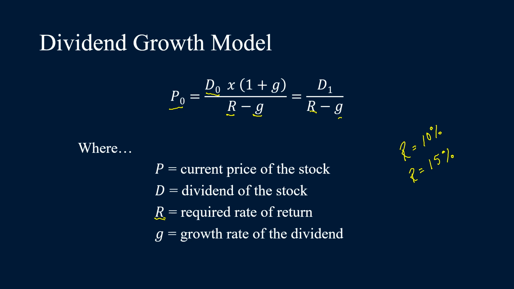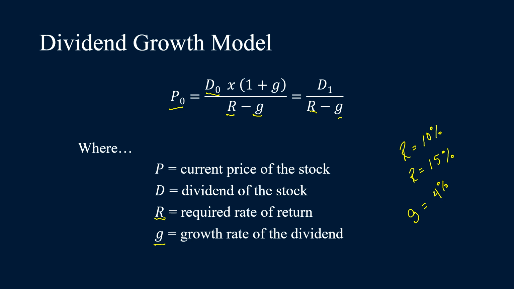And then, of course, the growth rate of the dividend. We are predicting what the growth rate will be. So the growth rate may be, for example, 4%. But as we all know, the business environment is very dynamic, and things can happen. The economy can slow down, or you could have a new competitor entering the market, or something else that might affect the growth rate of the dividend.